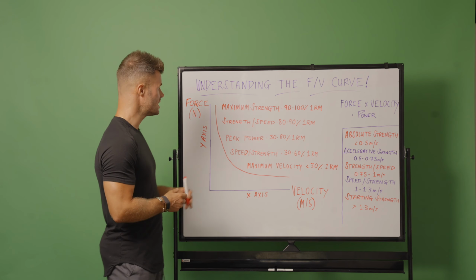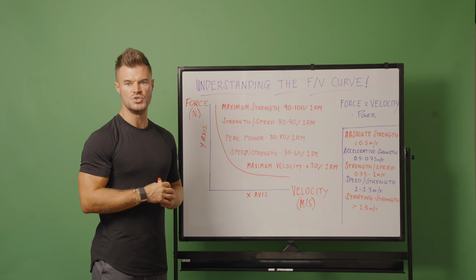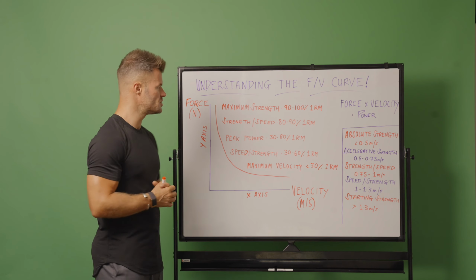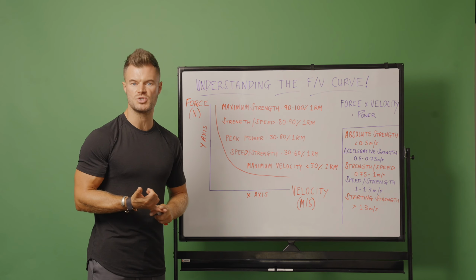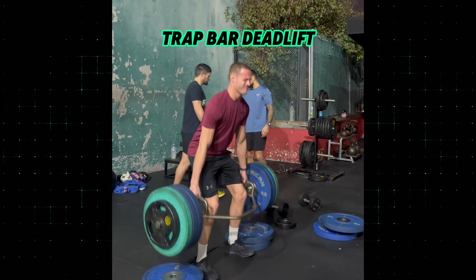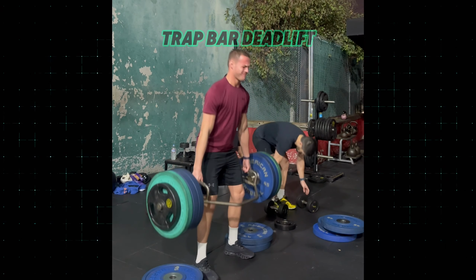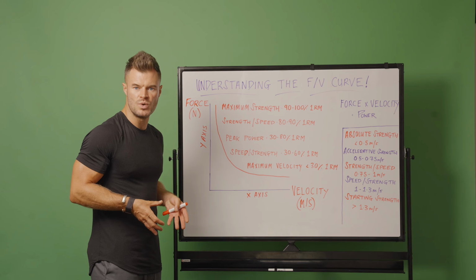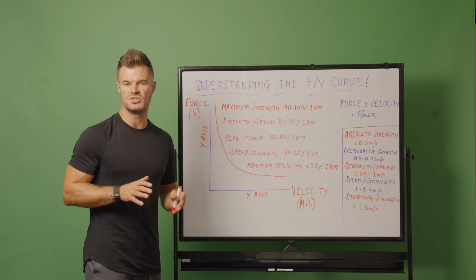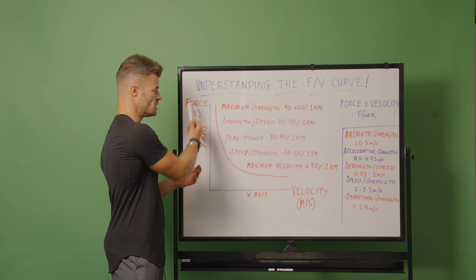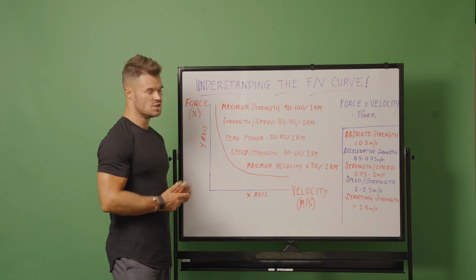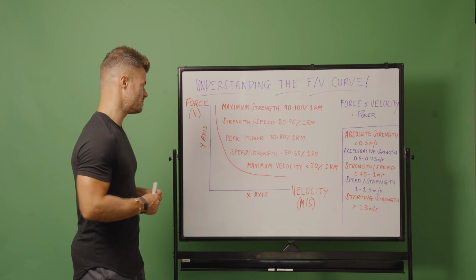But this would look something like your heavy back squat. 90 to 100% of 1 rep max, so really working towards near failure now. And the exercises you choose would be something like a back squat. It could be a trap bar deadlift or another deadlift variation, a bilateral motion where instability is certainly not a factor, because you're trying to produce the highest amount of force to elicit a max strength-based adaptation.